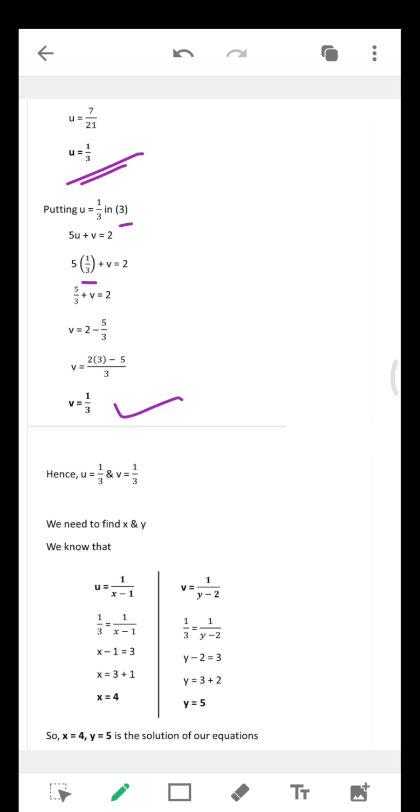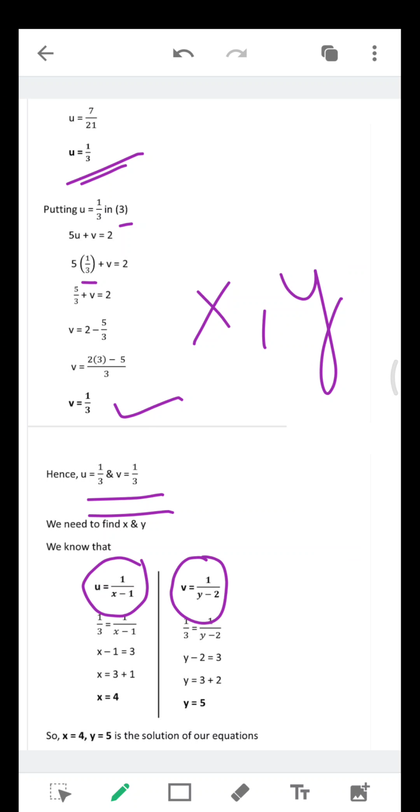Okay, so u and v values we have got, but we want x and y values, so we'll substitute these u and v values in our assumptions. What did we assume in the beginning? There I'll put u as 1 by 3 and v is also 1 by 3. Then I can cross multiply or I can equate the denominators directly. So x minus 1 is equals to 3, y minus 2 is equals to 3, and if I transpose I'll get x is equals to 4, y is equals to 5.